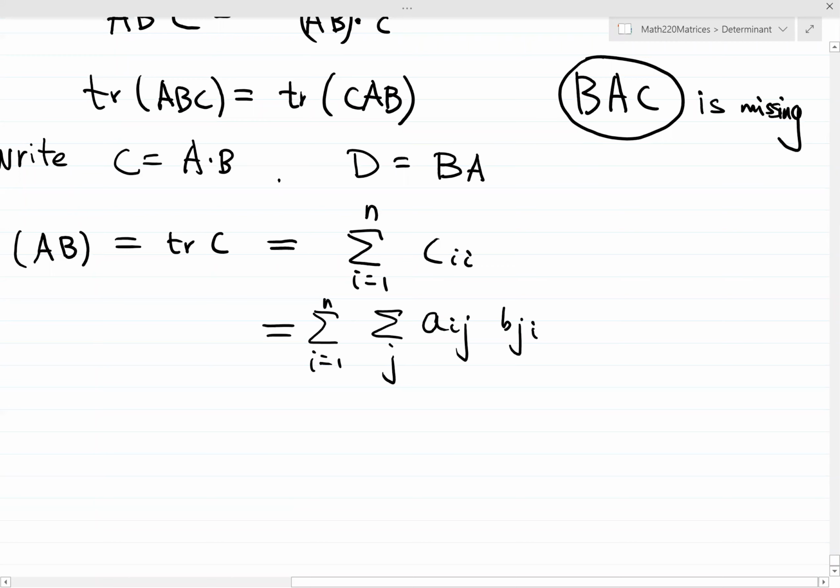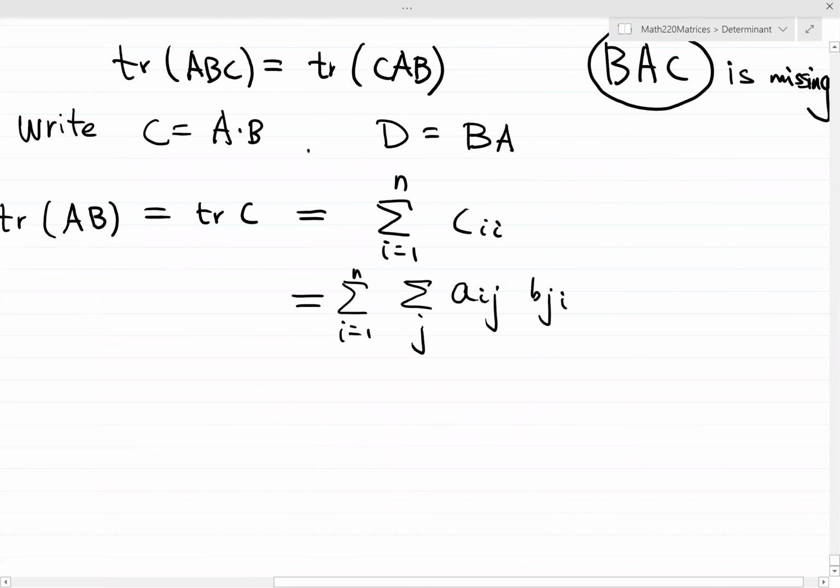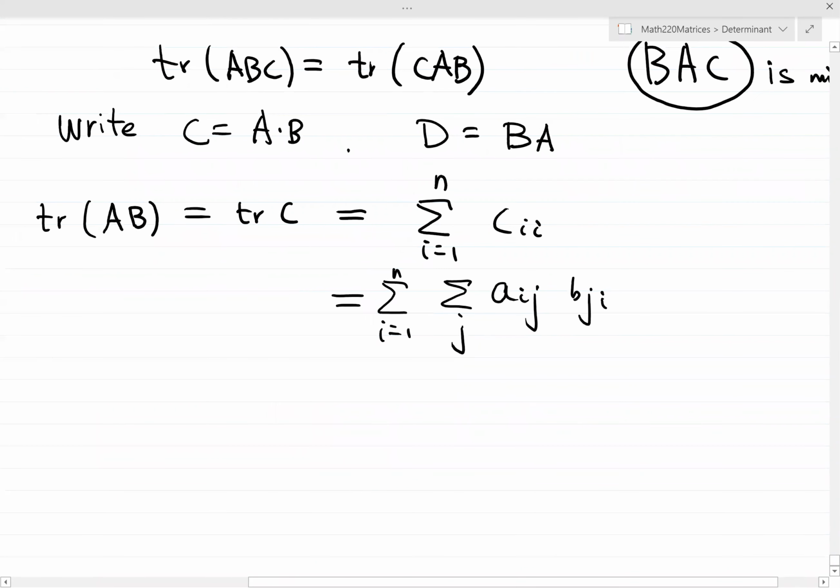Then take the trace of BA. This will be the trace of D, the sum of D_ii, i from 1 to n.